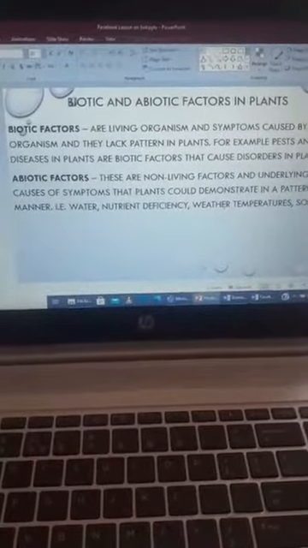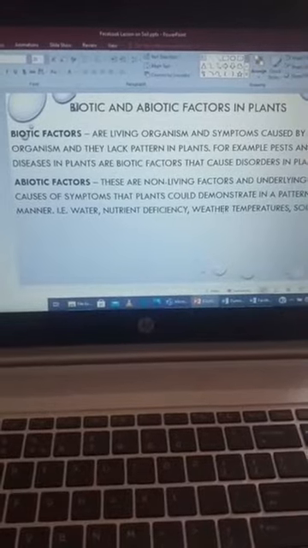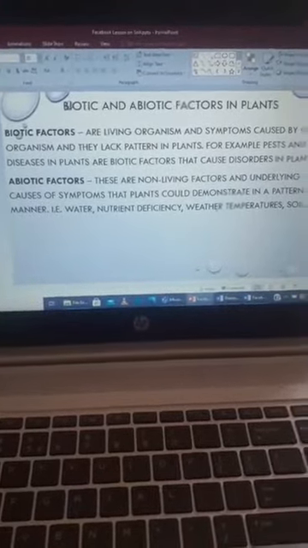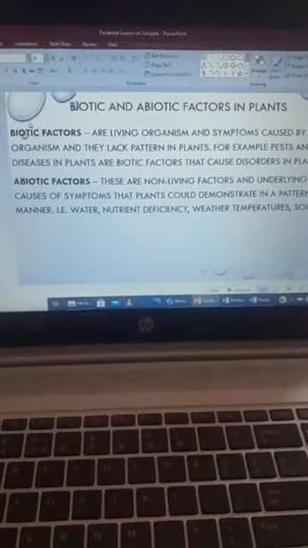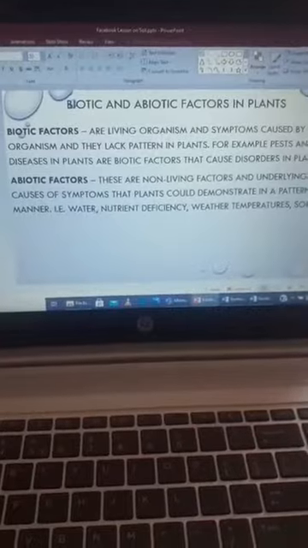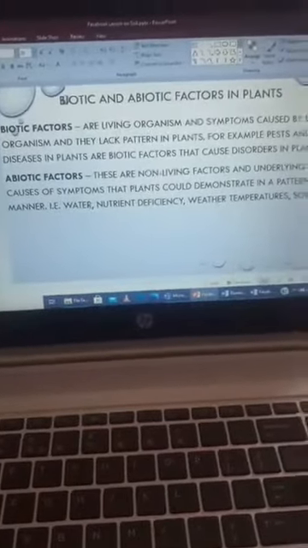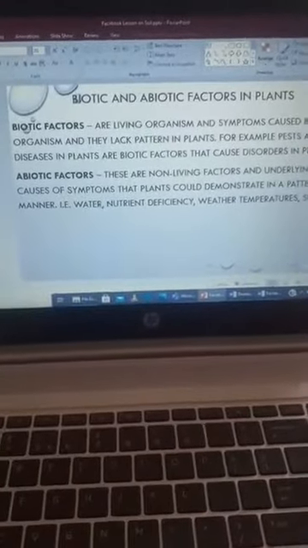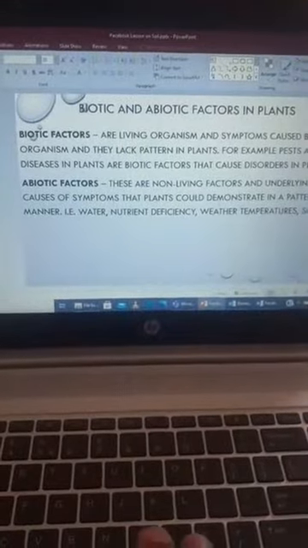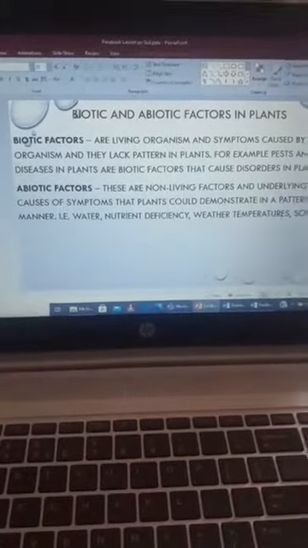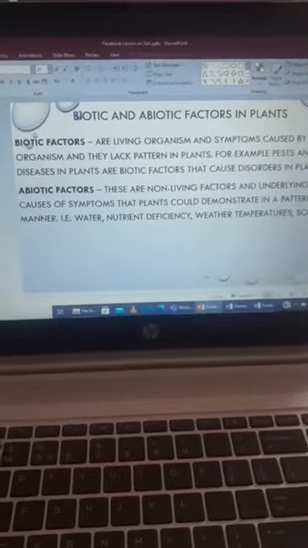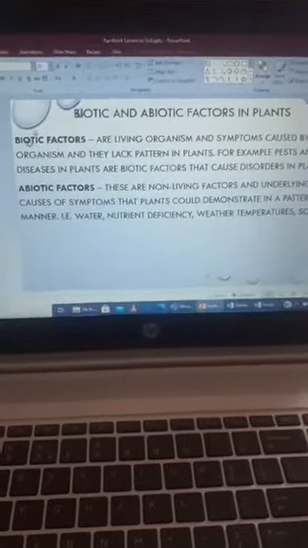So when you are standing in your field and you see that all your plants are yellow, you can't say it's a disease, unless a disease has hit an economic threshold or is above the point where you could have avoided it and it became severe. But if all your plants are yellowing, you have a problem in the soil, it can be your soil pH or water. When the sun is hot, it's an abiotic factor. When the sun is hot and all your plants are burning, there is a pattern in your plants. And then if you look at the weather temperatures, as I've said, when it rains all the time the plants don't grow well, your nutrients leach, and you find that your plants are stagnant across a large part of your field, then there you have an abiotic factor problem.